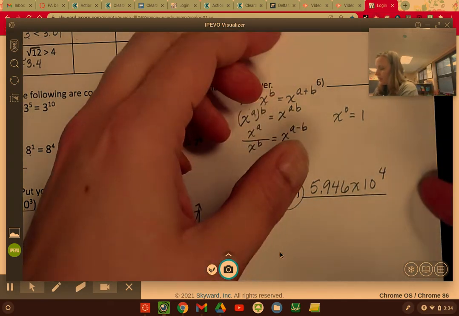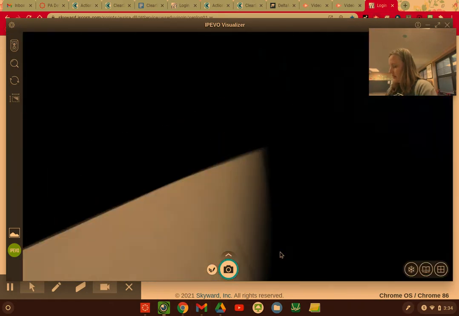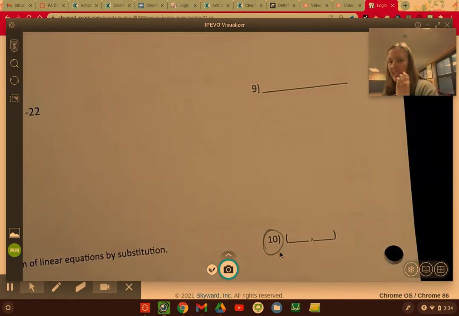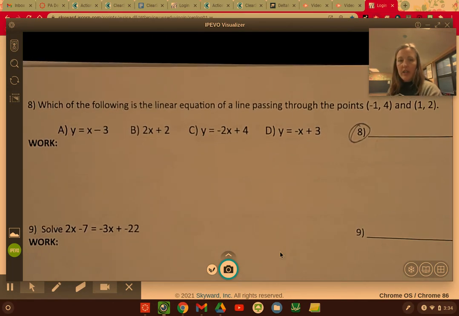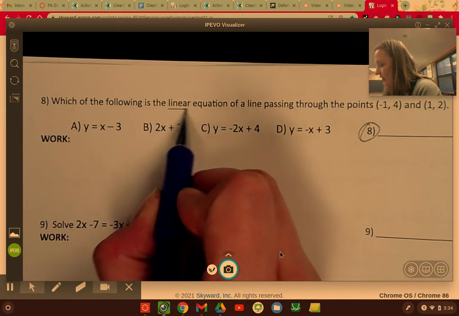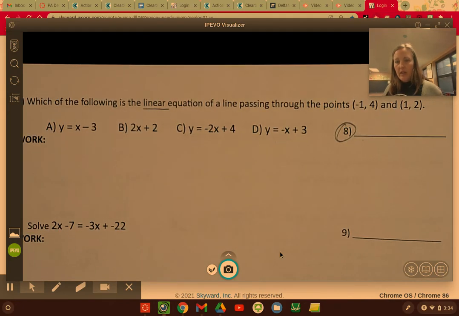Okay, let's do number 8. Number 8 says, which of the following is the linear equation of a line passing through these points: negative 1, 4 and 1, 2, right?